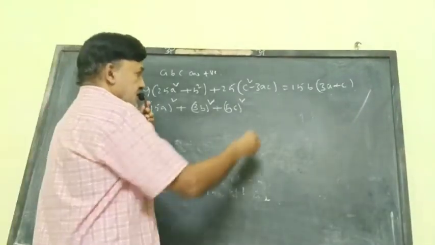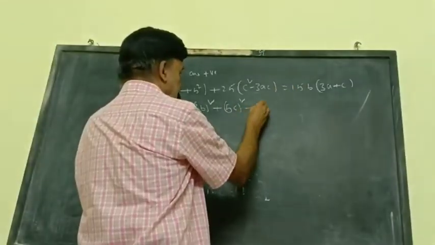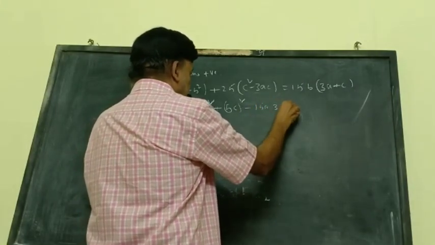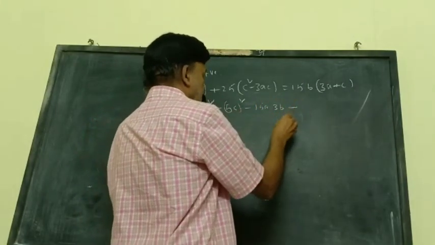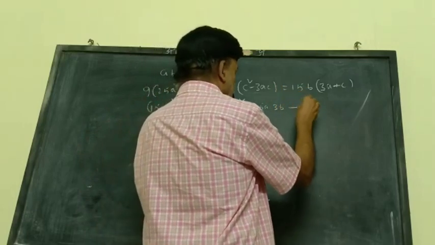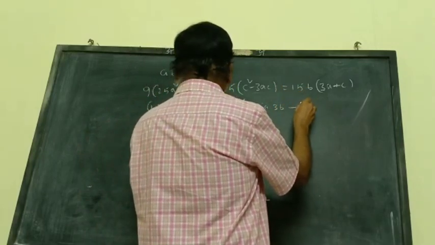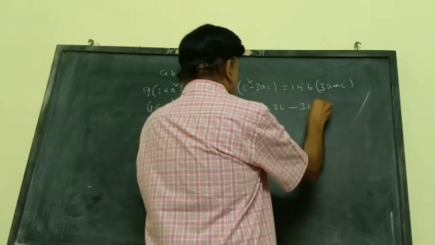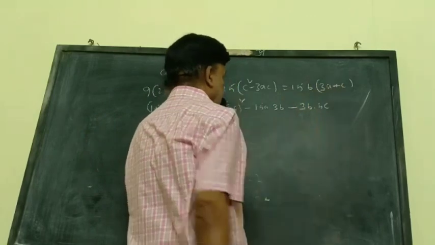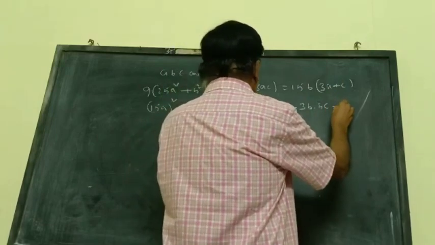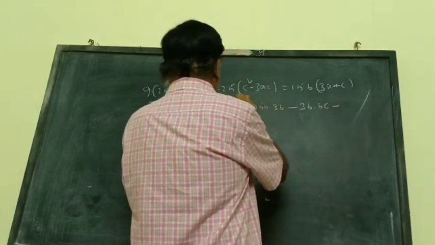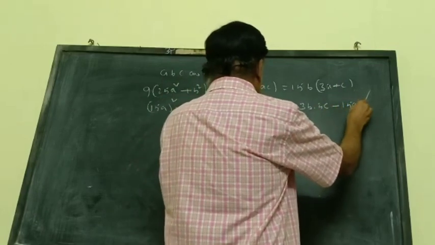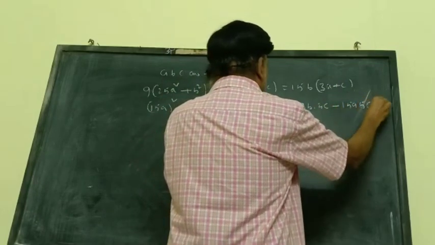Next we consider AB minus 15A into 3B minus BC. BC will be 3B into 5C, 15BC, minus this is 15A into 5C is equal to 0.